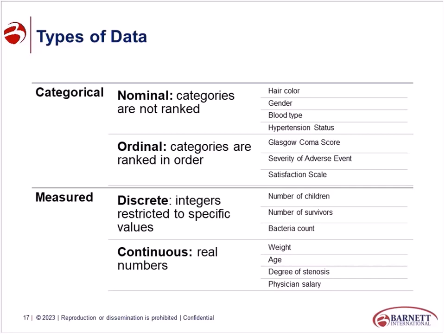Discrete, this is where people make mistakes. Number of children, number of survivors, bacteria counts. Sometimes you see in the lay press that the average number of children families currently have in the U.S. is about 2.3. You often get asked the question, who's the third of the child? That's plain silliness. Same thing with bacteria counts.